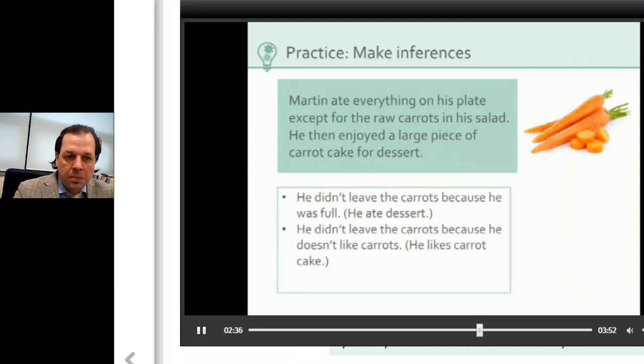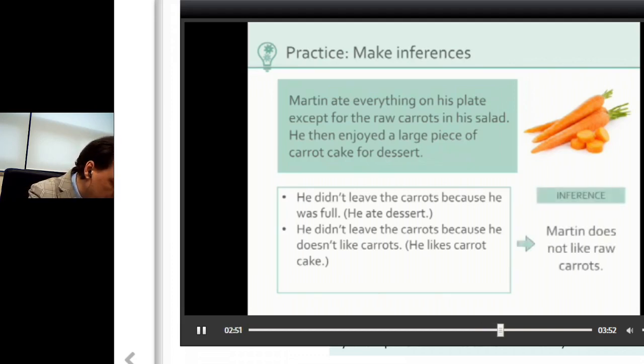In other words, he didn't reject the raw carrots because he was full, and we know that he doesn't hate carrots in general because he ate carrot cake. From this information, we can infer that Martin probably does not like raw carrots. This inference is reinforced by the common idea that children don't like to eat their vegetables.